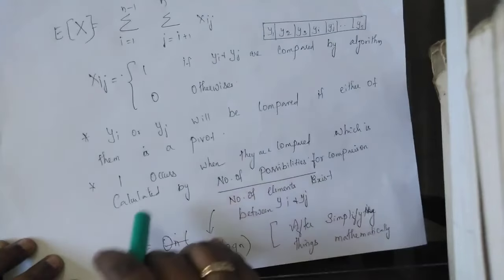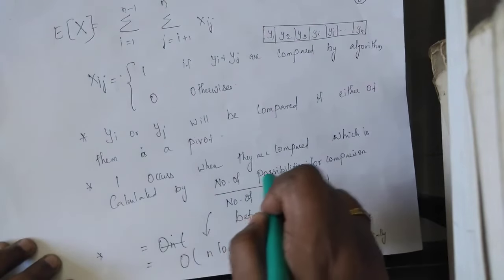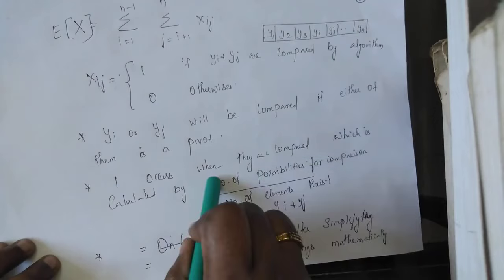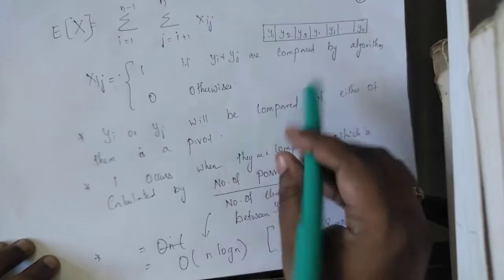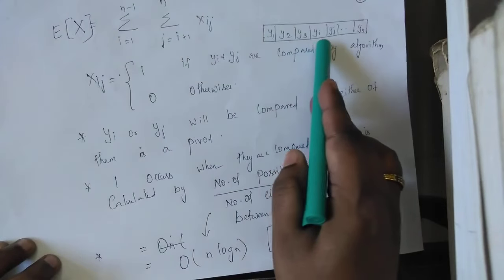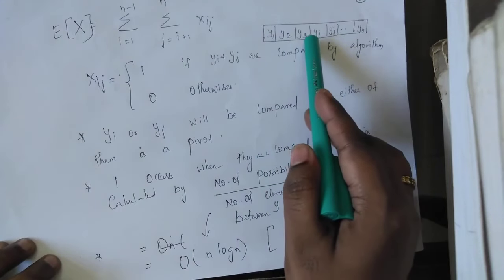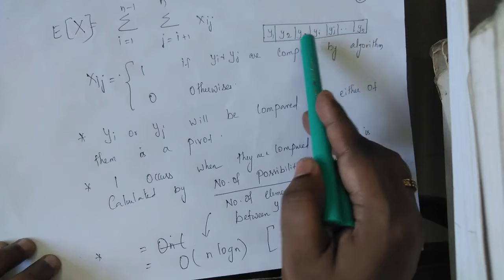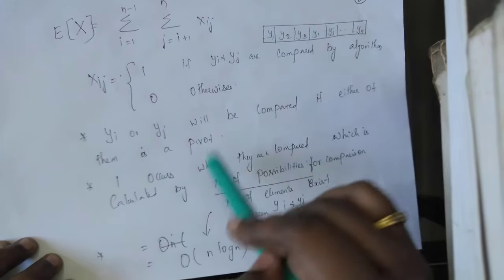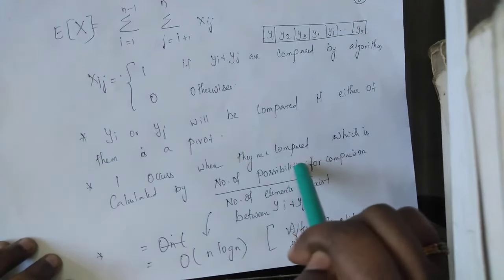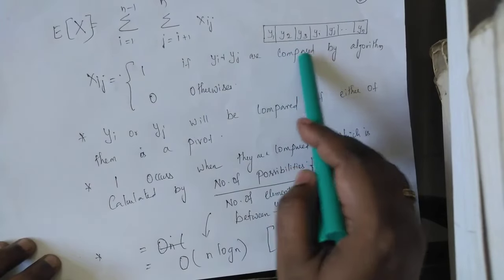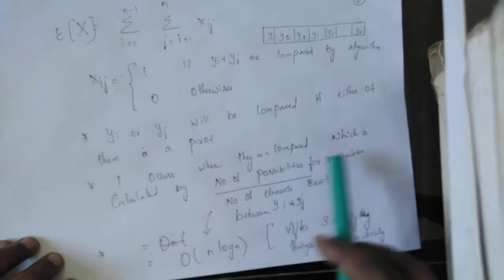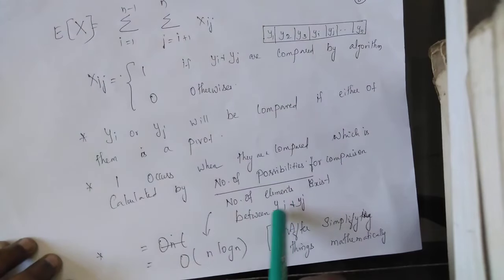When we look at that, it is calculated from the number of possibilities for comparison between any two elements we pick. Remember why we are doing that: every time we are randomly making a pivot choice. That's why we calculate the probability that any two elements are compared, divided by the number of elements that exist between those two elements.